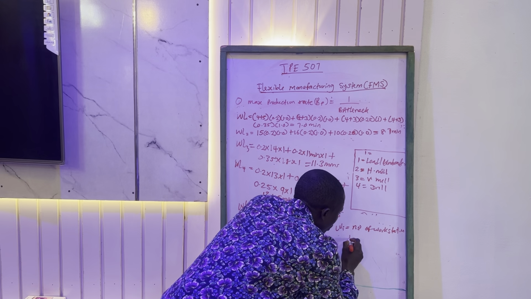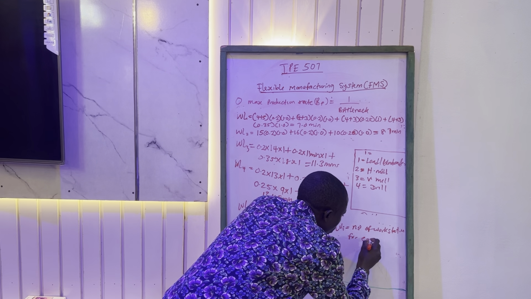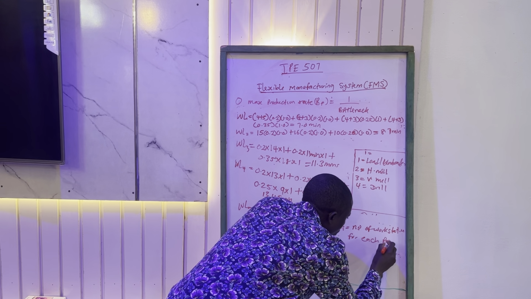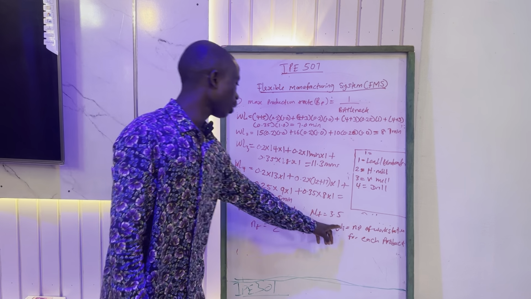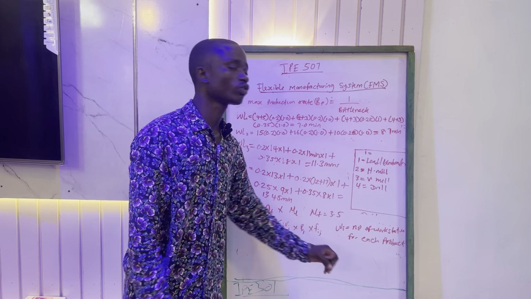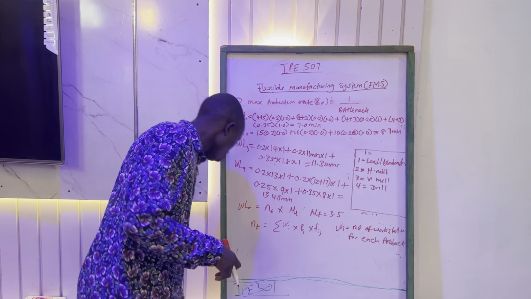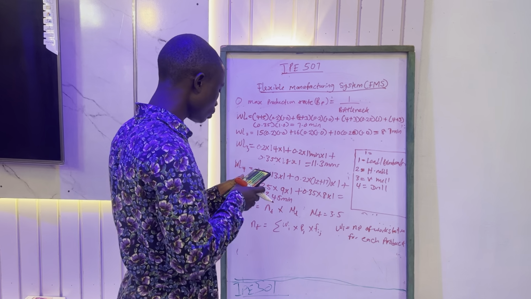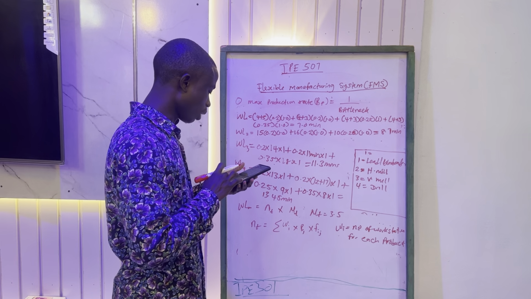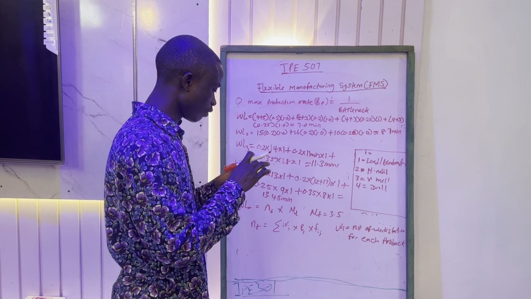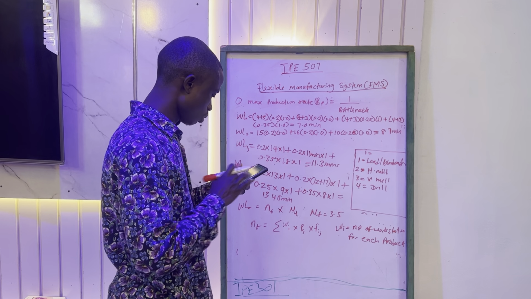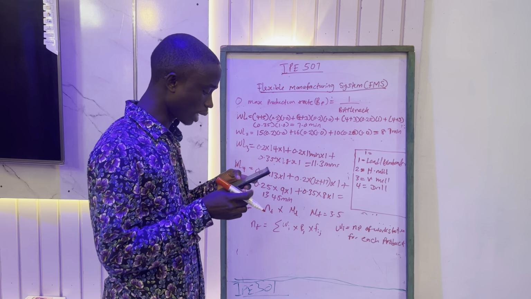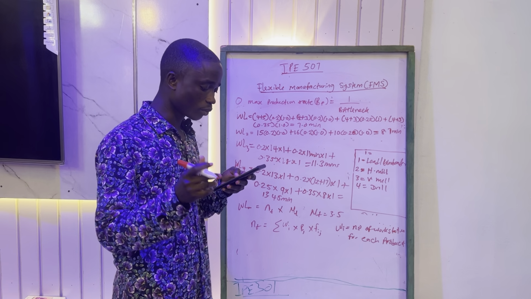for each product. So wi means the number of workstations for each product. Let's quickly check the table. We see that for product A, we have how many workstations there?